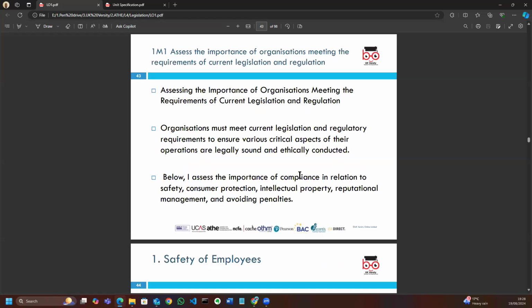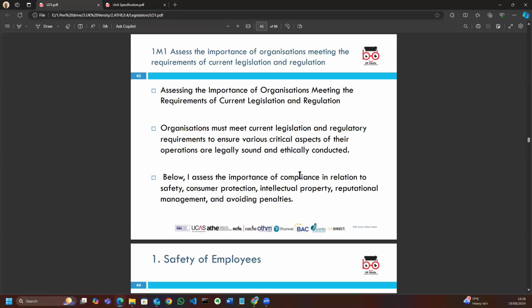Now we'll look into the merit. In order for you to achieve a merit grade, you have to look into this learning outcome, where we're going to assess the importance of organizations meeting the requirements of current legislation and regulation. So what does this mean?